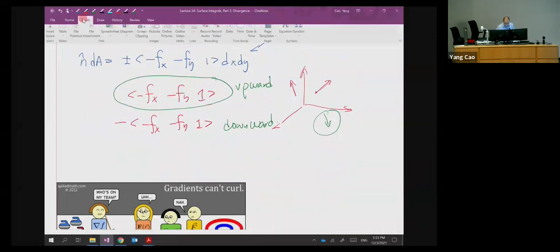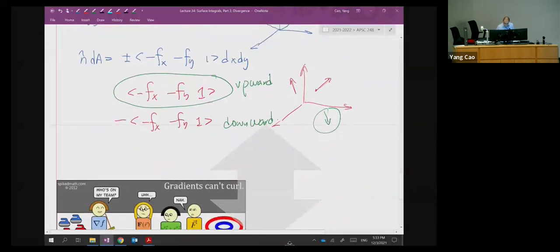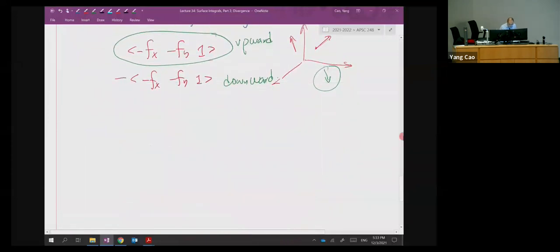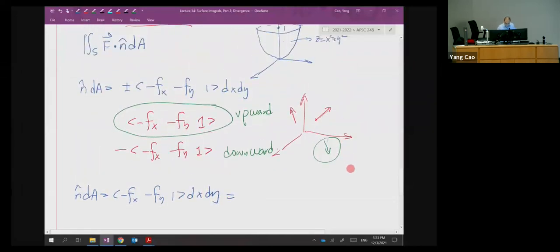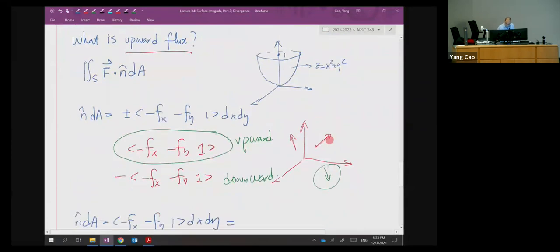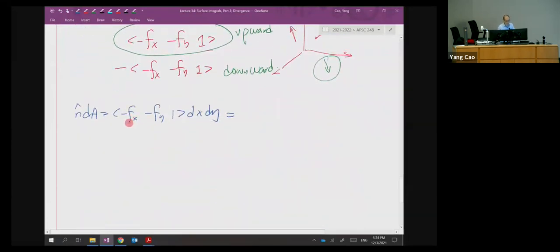So let's take a look at the calculation. n hat dA equals negative fx, negative fy, 1 dx dy. I've got my surface here, which is x squared plus y squared, so that's your function f.